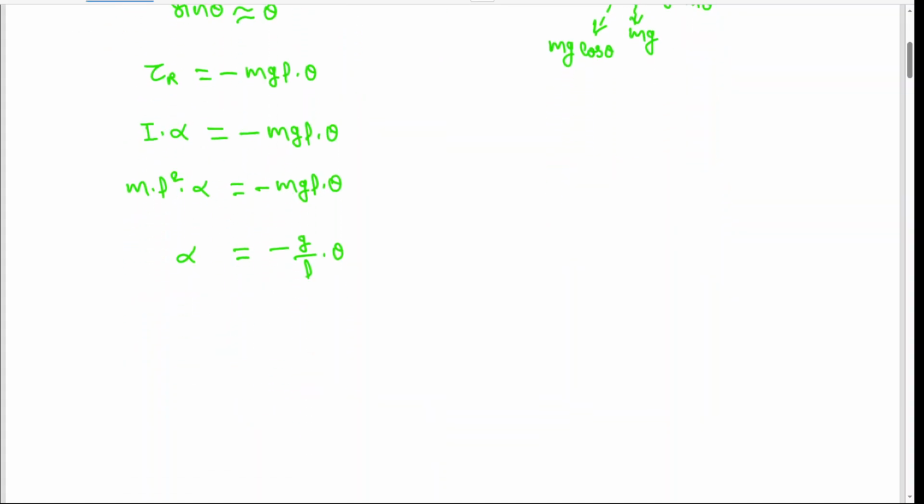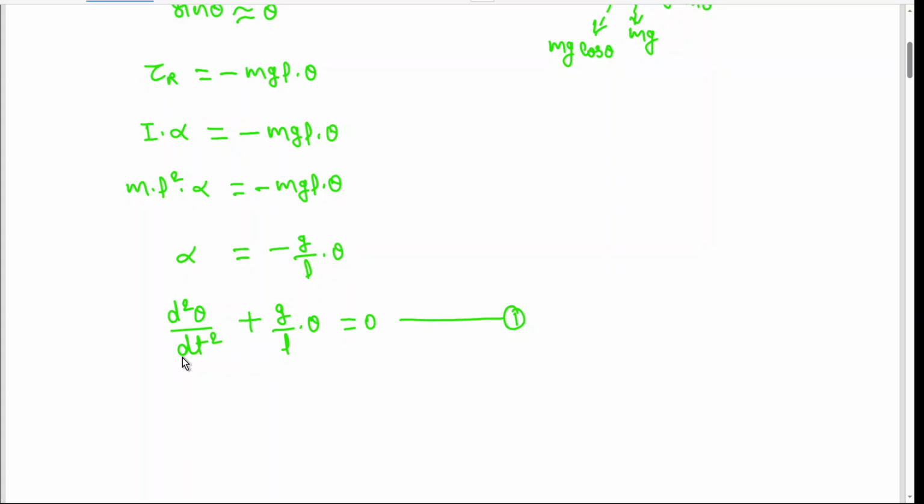So this alpha we can further write as the second derivative of angular displacement, d2 theta over dt square, and this term we are taking to the left hand side, so it will become plus g by L into theta equal to 0. So we can call this equation 1, right?